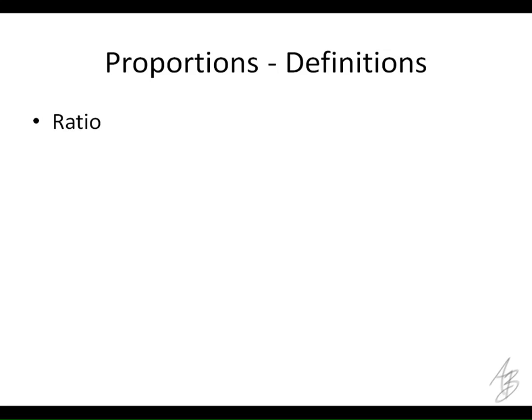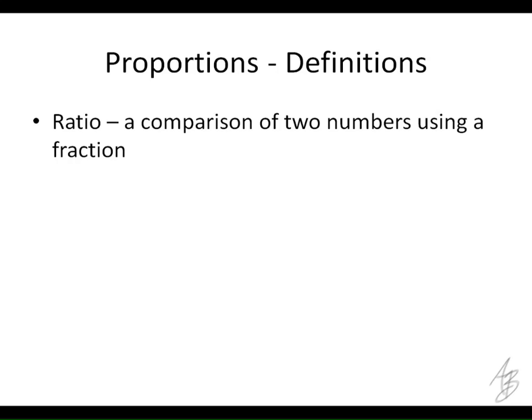And that's why portions have something to do with proportions. But a ratio is just a comparison of two numbers using a fraction. So a ratio might be like 2 out of 3 students in the school like math class the best. That would be a ratio, 2 out of 3.